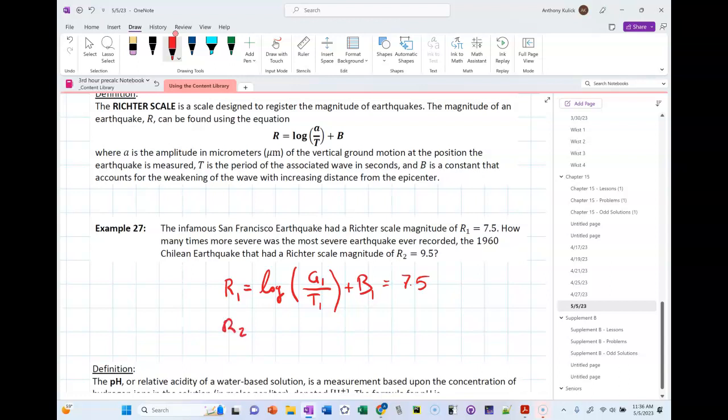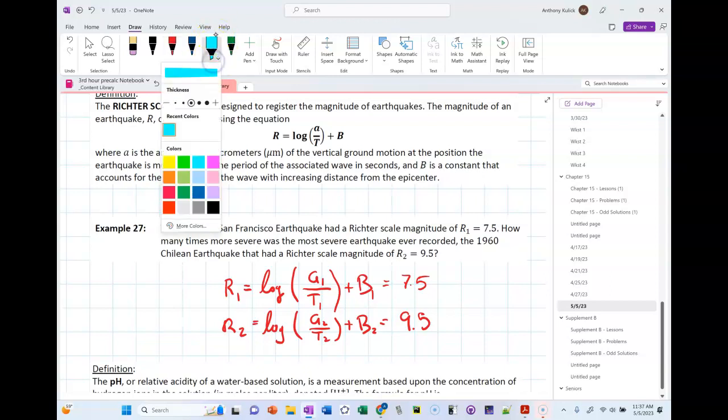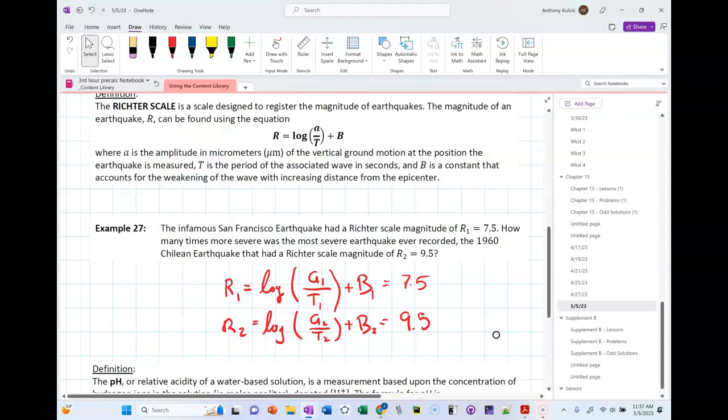And we can say the same thing for R2. Okay. Now here comes the tricky part, because we're going to talk through some assumptions we can make, right?